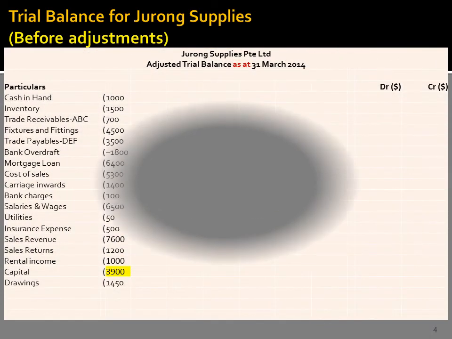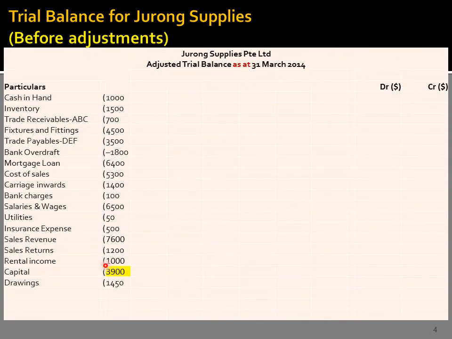After we have determined what is the capital amount, we would then put it in the trial balance. This is how the trial balance for Jurong Supplies will look like before adjustments. Take note that we have the format being shown as the name of the business written right at the top, followed by the name of the statement, which is adjusted trial balance as at whatever date that's given to us.